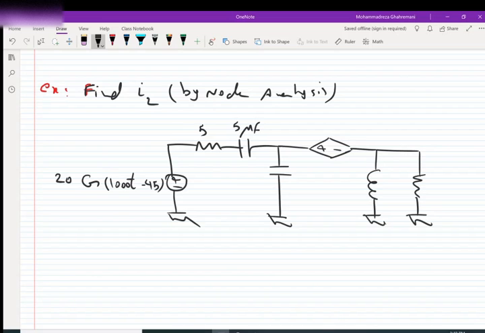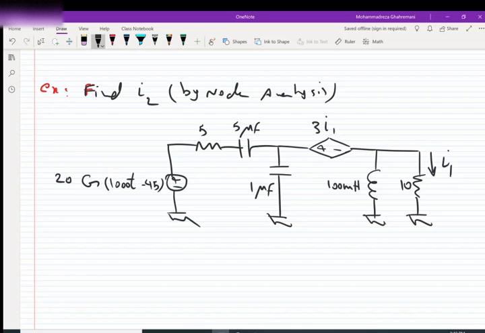The other capacitor is 1 microfarad. The dependent source is 3I1. The inductor has a value of 100 millihenry, and the last resistor has a value of 10 ohms.